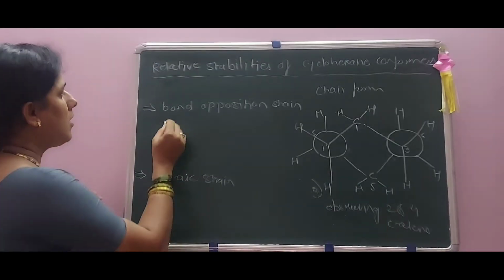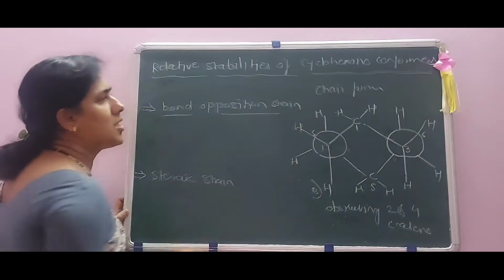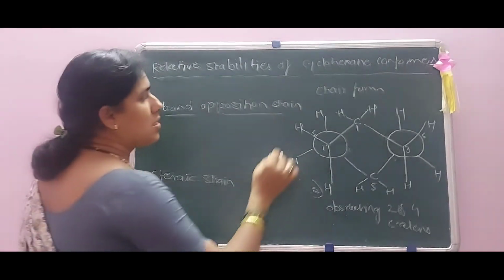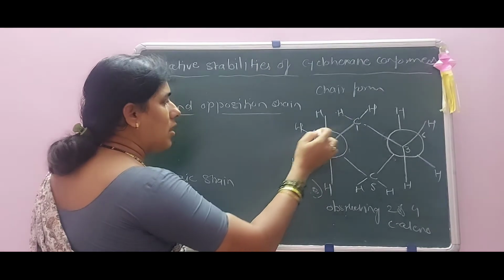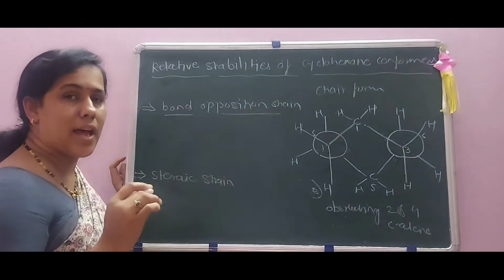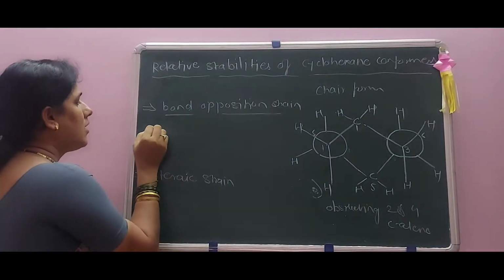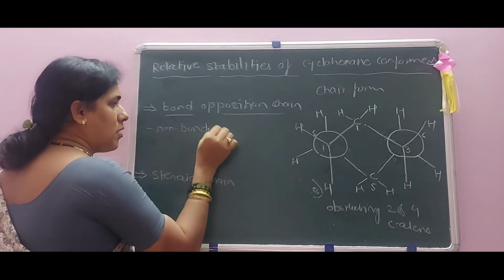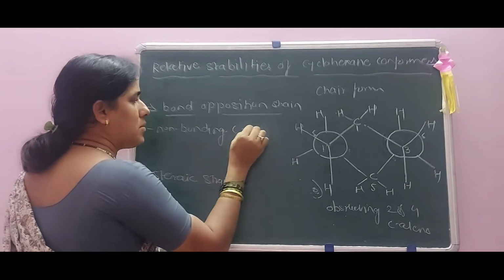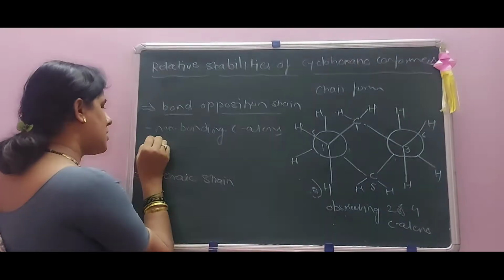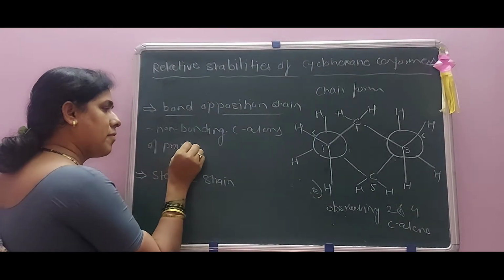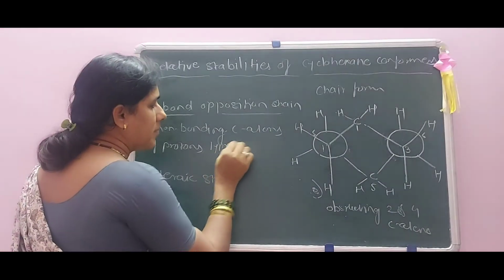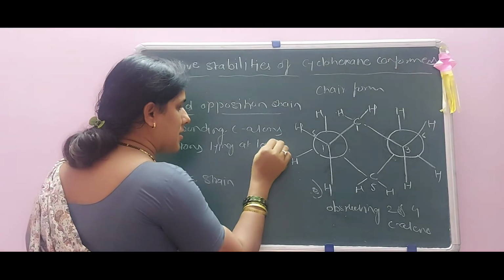Therefore, as far as bond opposition strain is considered, the hydrogen atoms in a staggered form, having non-bonding protons, lie at larger distances.